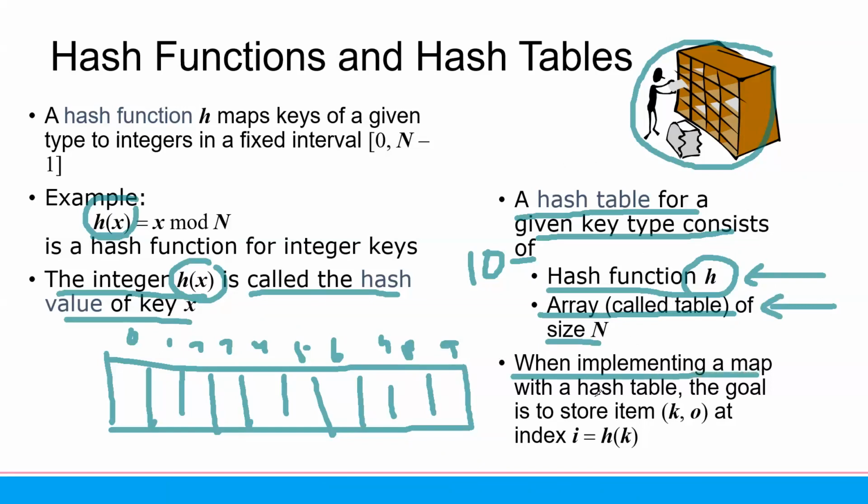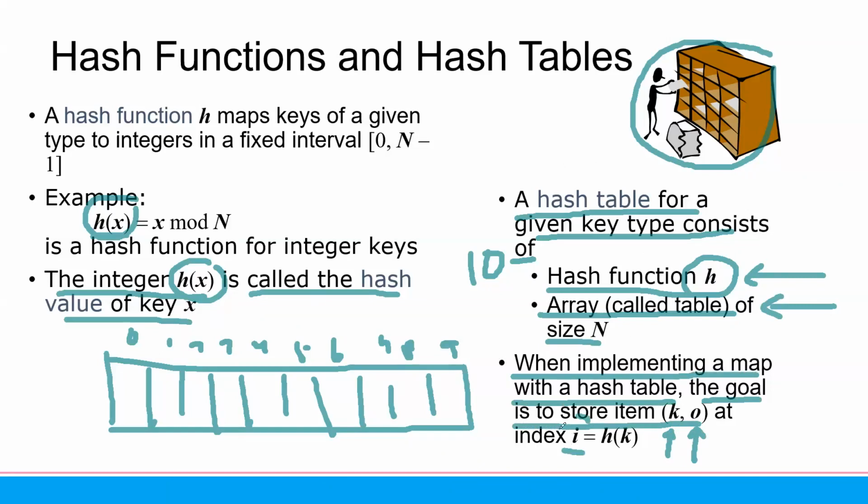When implementing a map with a hash table, the goal is to store the item (k, o). K is the key, and o is the object, at the index i.